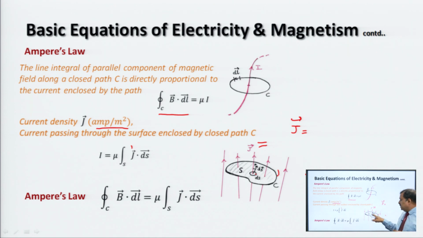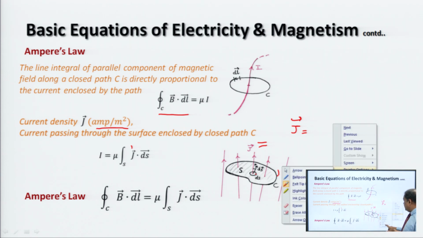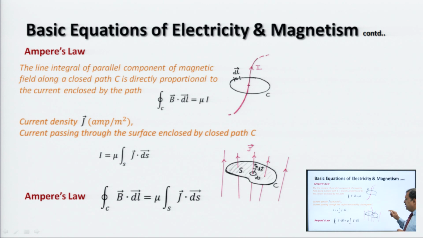So, the current through this small element of surface will be J dot ds.